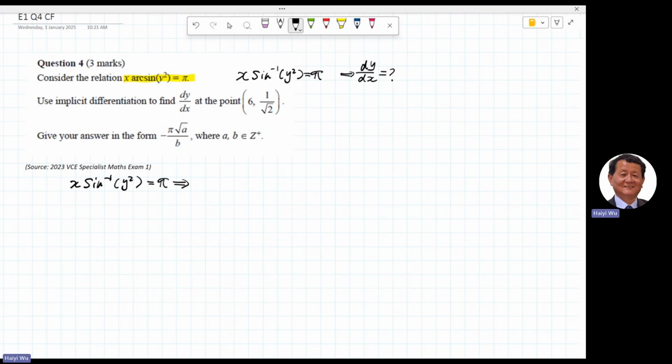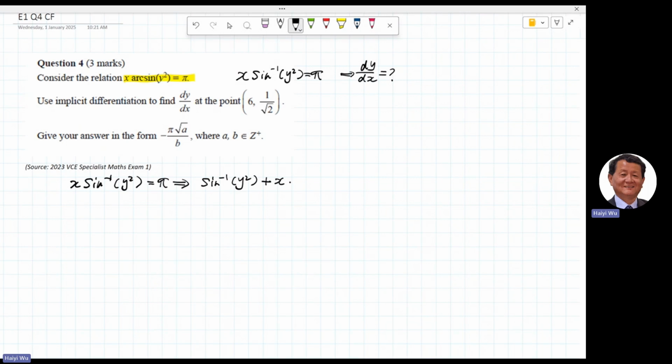So we do the left-hand side. Now this is a product, so we use the product rule. The derivative of x is 1, so that gives sine inverse of y squared, plus x times the derivative of inverse sine.